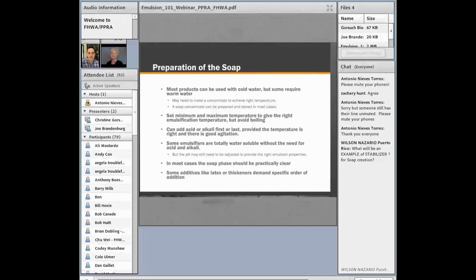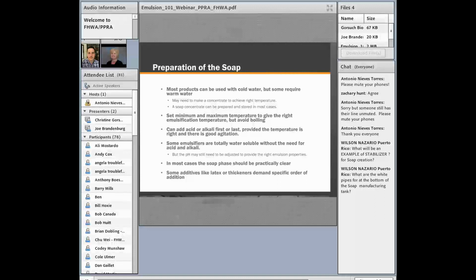And once it's elevated in temperature, say 300 plus degrees, even hotter, then when that soap solution meets at the mill head, we could produce an emulsion that's boiling, that's over 312 Fahrenheit. And anyone who's manufactured emulsions knows that that's kind of a bad day if you're making emulsion and it's boiling off the mill. So I'm going to get into the temperatures a bit more, and then how to avoid boiling off the mill.